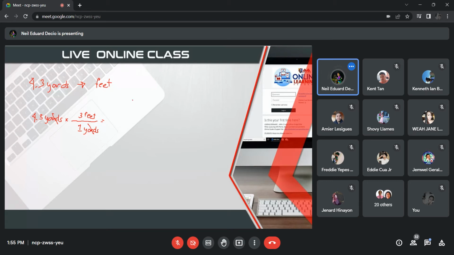That is 12.9 feet. So as you can see, the unit is retained, and the one that should cancel out is cancelled out. That is when you know that your conversion is correct, if there is a cancellation of units.